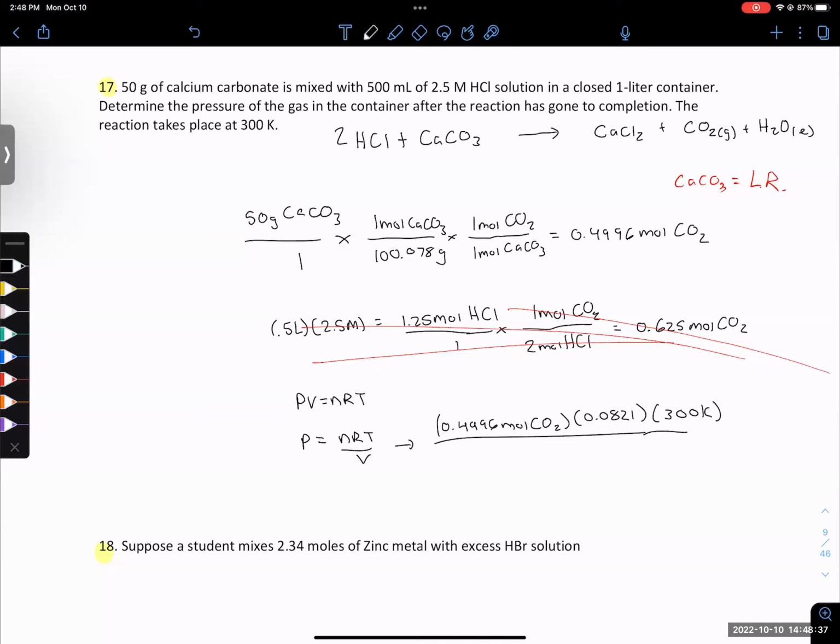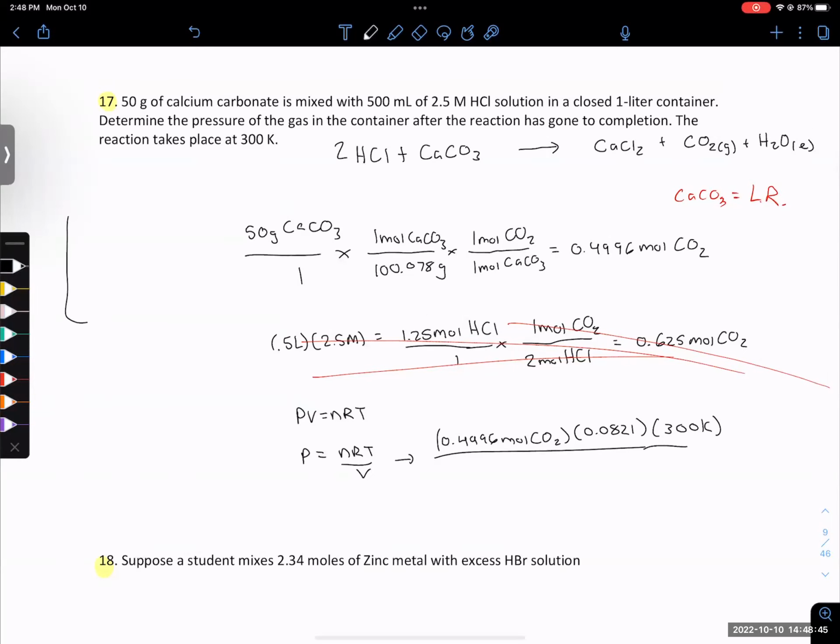What do you think about this? The volume, 1 liter. I mean, I would say, right, read the question very carefully. What does it say? You have a container, right? 500 milliliters is what, the solution, right? Yeah.